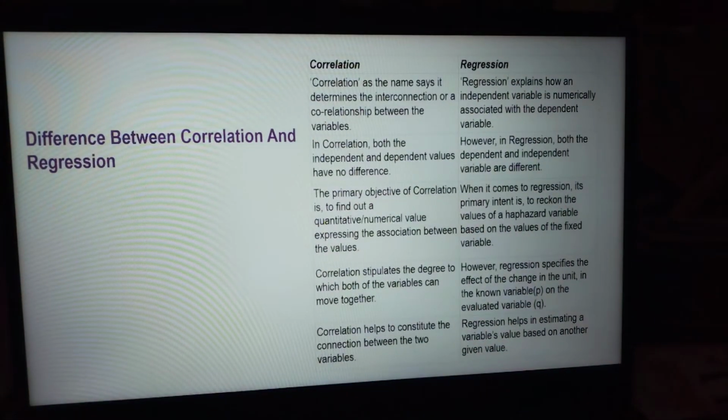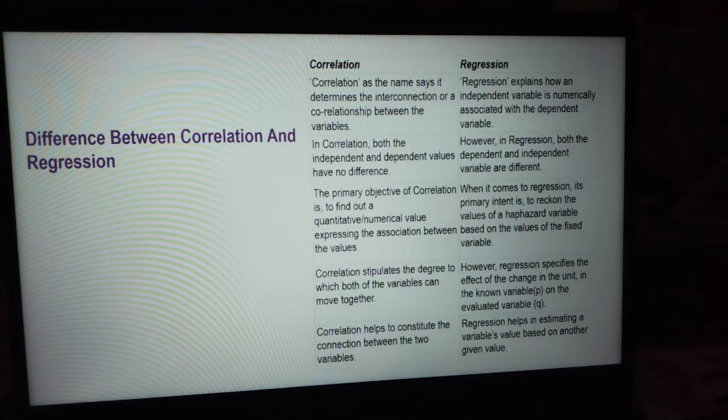So here is the difference between correlation and regression. I think you have studied about correlation. So correlation is what? It is an interconnection or correlation between variables. There is no such kind of independent or dependent variable in the concept of correlation.